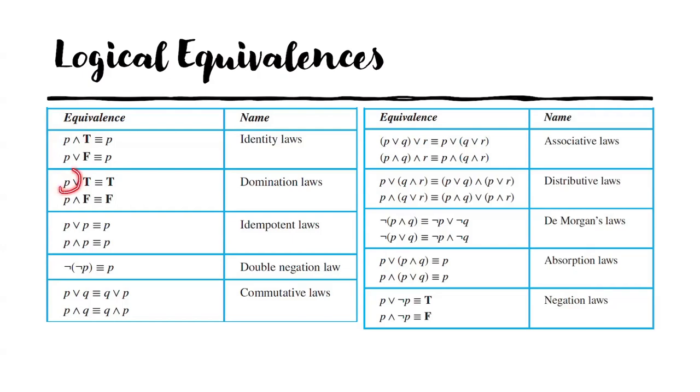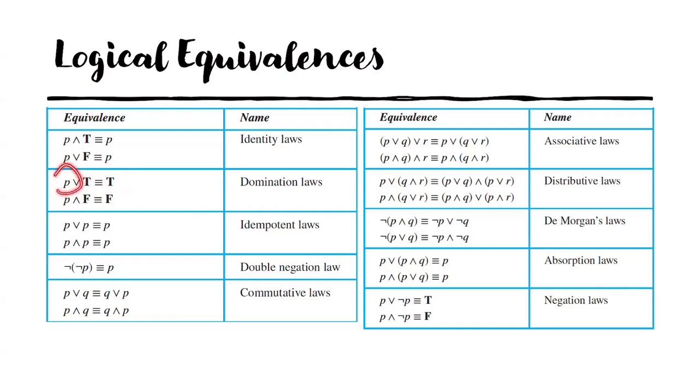Now, if you have P, do a disjunction with a true value, so we know for disjunction, it's only false if both of them are false. And since you have a tautology, one of the propositions is always true, then it will make the statement true.